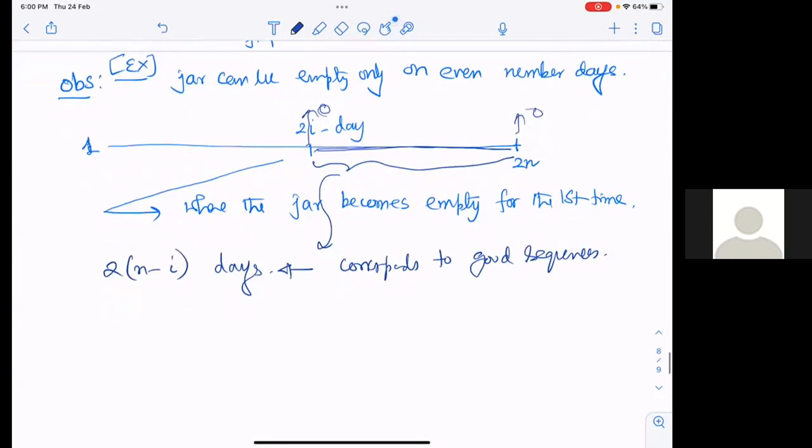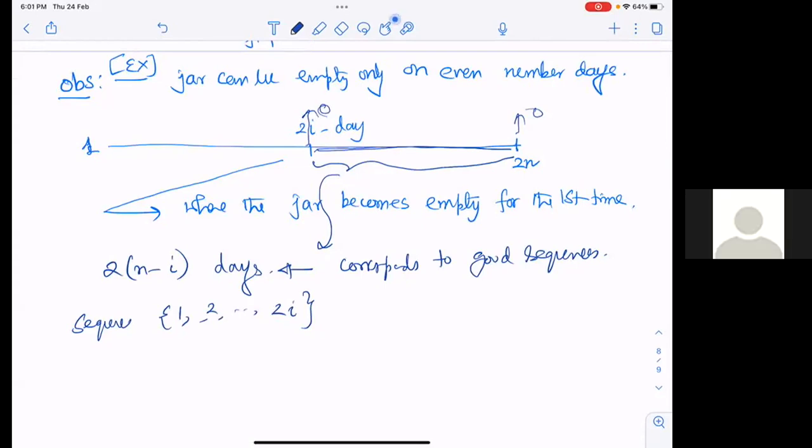Now look at the sequence from 1 to 2i. This is also a good sequence, but with a little bit more constraint. What is the constraint? It necessarily starts with +1. But that is the same for the next part also.